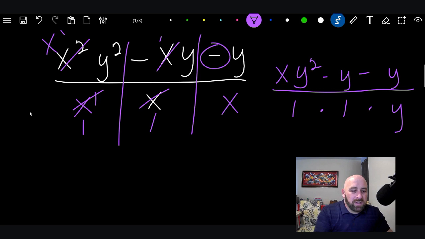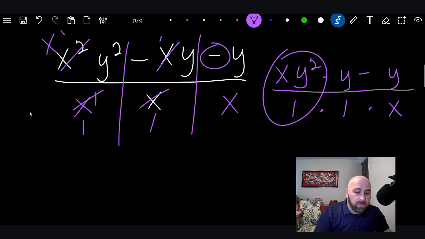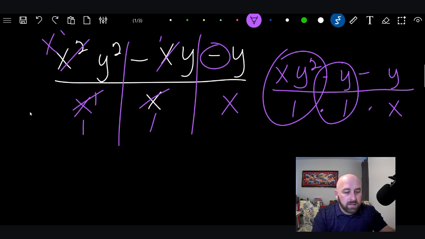Well, this isn't really in a good format. Oh, I'm sorry. I messed that up. That should be an x down there. Sorry about that. This is not really in a good format. Why not? Because this one is over 1, and this one is over 1, but this one is over x. So what do we want to do here? Let's just rewrite that.